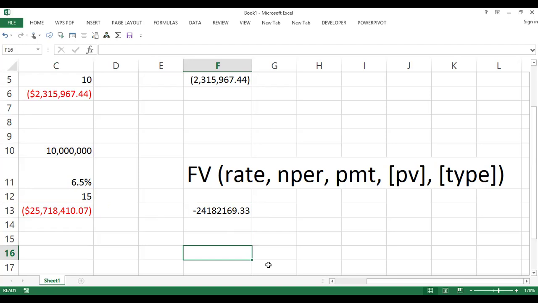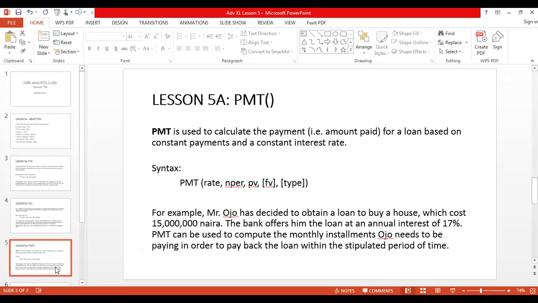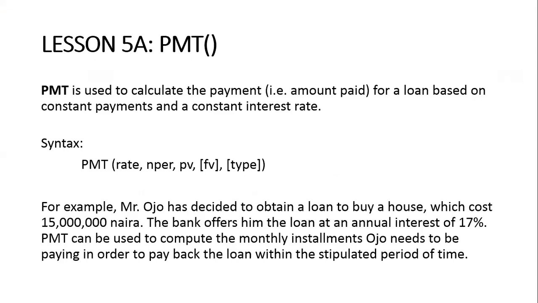Let's go back to our slide again. The purpose of going back to the slide is for us to talk about the principles instead of just jumping to a calculation. So now, PMT.